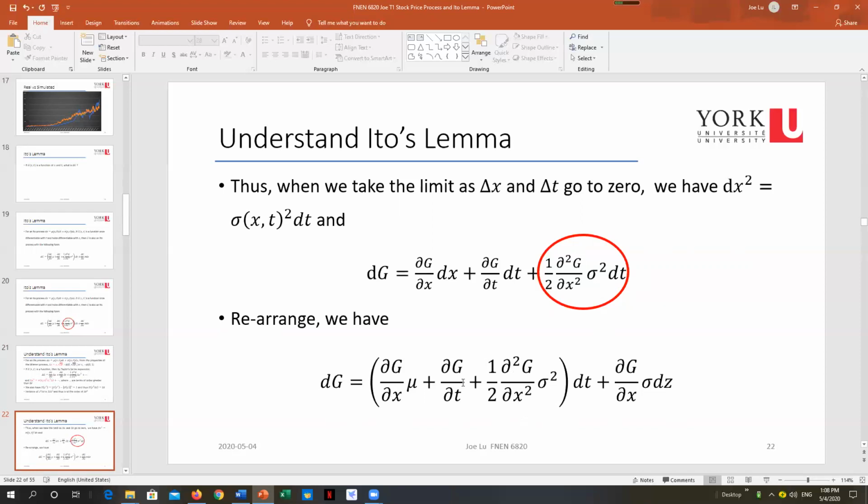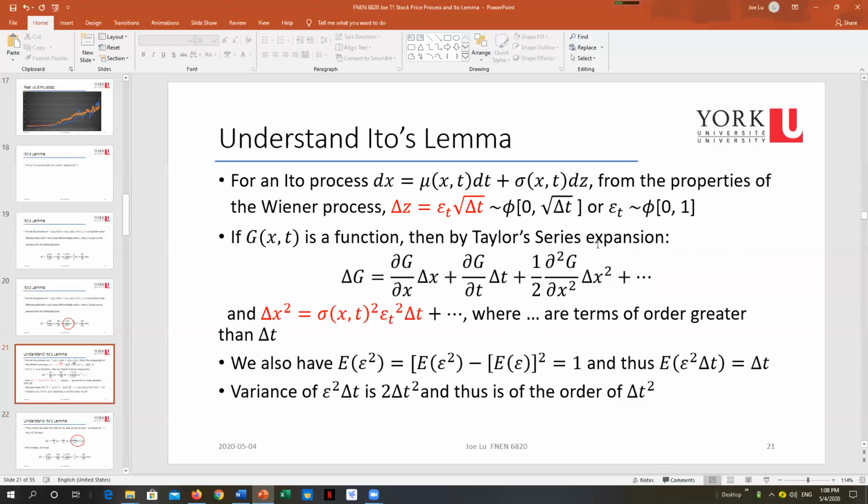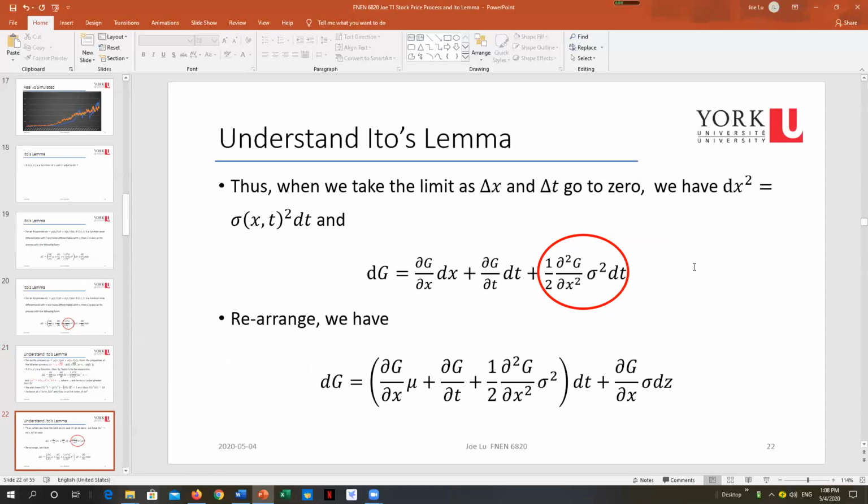Now, if you don't really remember this, you just try to do your Taylor series expansion. You can always recover it. You do your Taylor series expansion, you'll remember this part, which gets you the order of magnitude of dt, and you will come back to this. Basically this is just a rearranged form of this thing here.